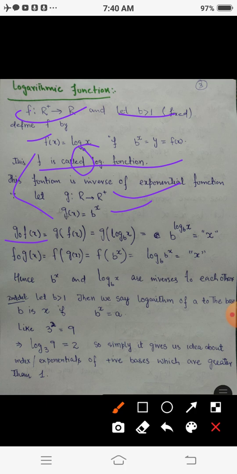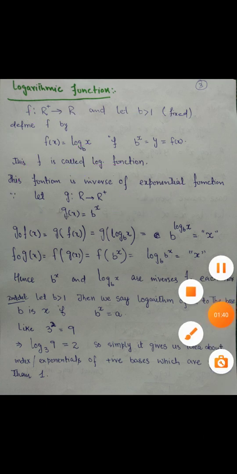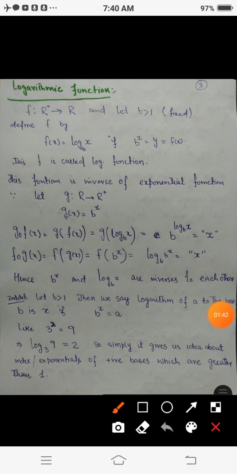Now g of f of x: f(x) is defined as log of x to the base b, and g(x) is simply b raised to power x, so it is b raised to power log_b x. Here the base is common for both, so it is simply x.